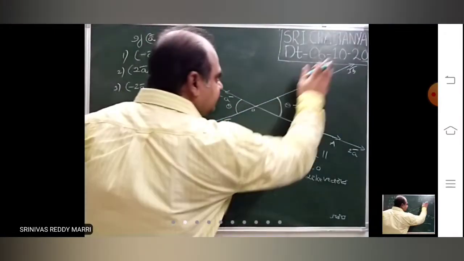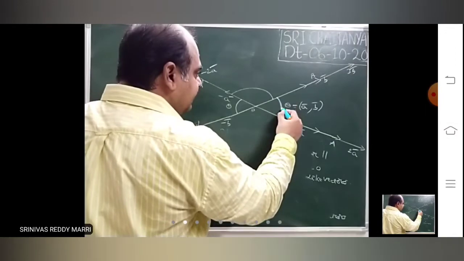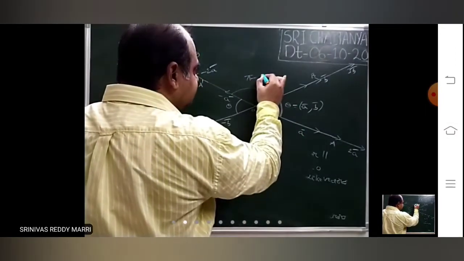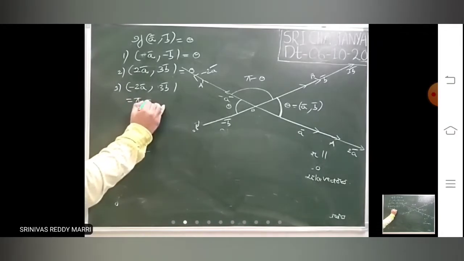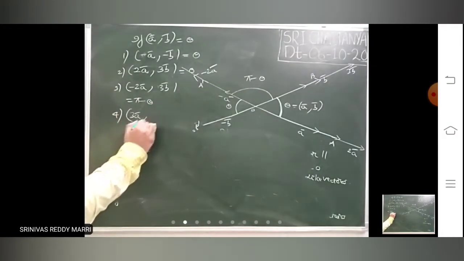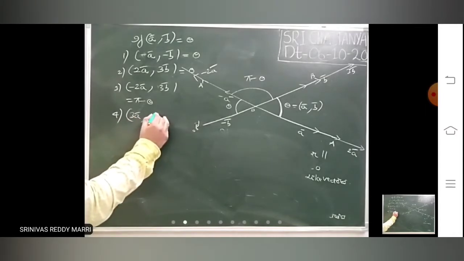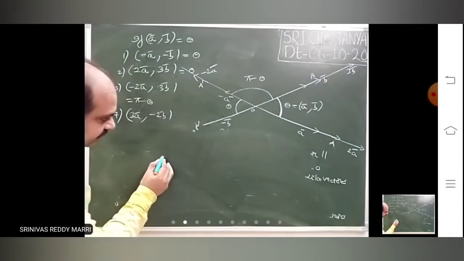So this is minus 2a bar, this is 3b bar. What is the angle? This angle is given theta. This angle is pi minus theta. Suppose we ask the angle between 3a bar comma minus 2b bar. Look at, I am plotting again.